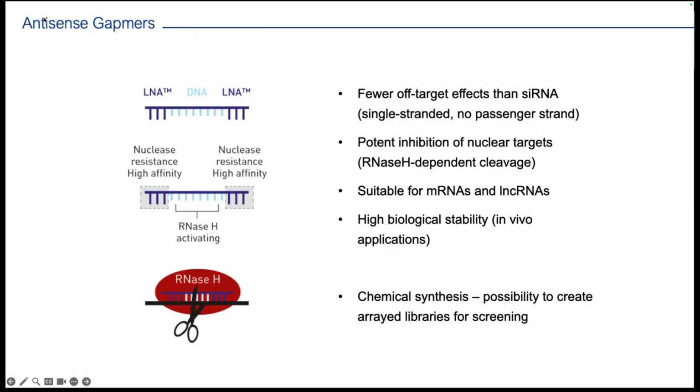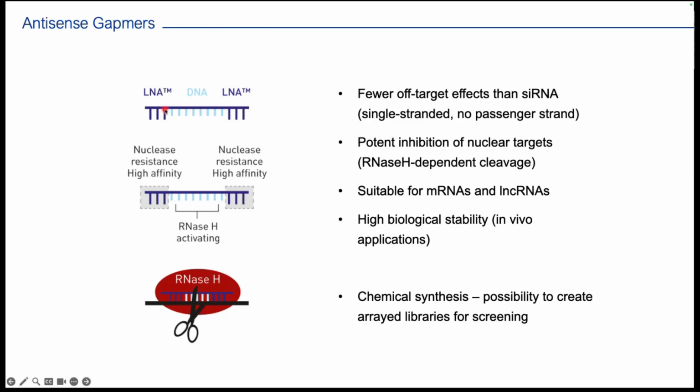Okay, so these gapmers are synthetic molecules. They are hybrids of RNA and DNA. LNA is this modified RNA that is much more stable. And so the way that this works is that these molecules are designed to be complementary to the RNA.